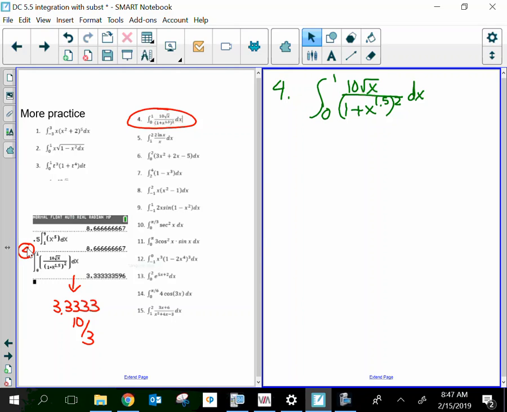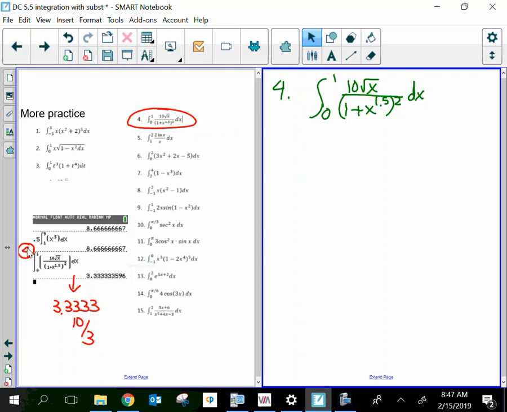That's where I plug in these, correct? Yes. You get 1 plus 1, which is 2, and then 1 plus 0. Anything that's 0 is 1, so it's 2 to 2.